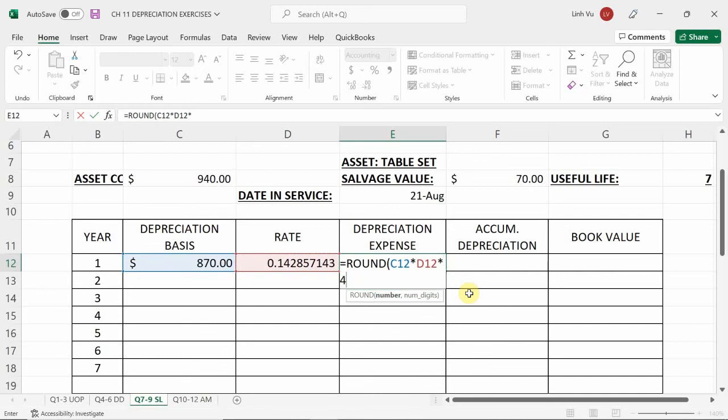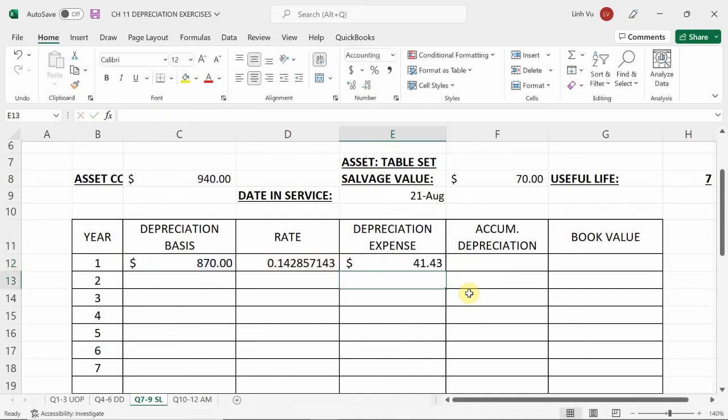I want to know what 4 out of 12 months is going to be, right? Which is, there you go. Well, this says 41.43. Okay.